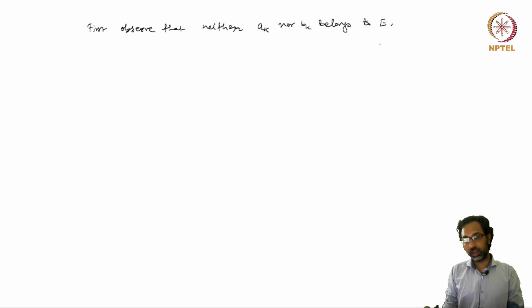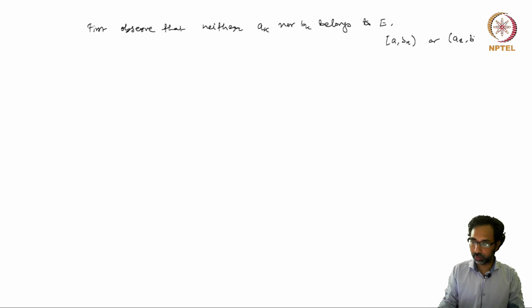Neither a_k nor b_k belongs to E, because these are interior points, and we are not considering intervals of the form [a, b_k) or (a_k, b]. Okay, so these are excluded. In fact, I think you can also consider this one. It will be clear from the proof that we will give.